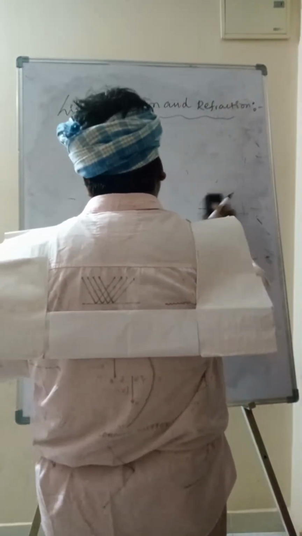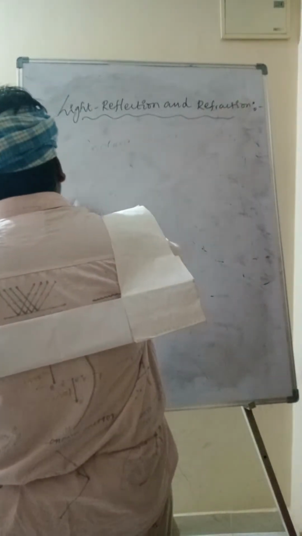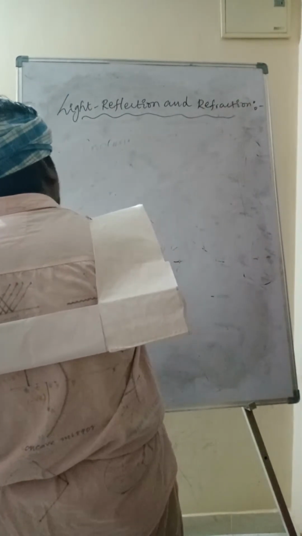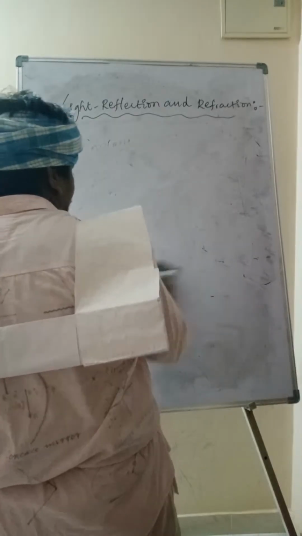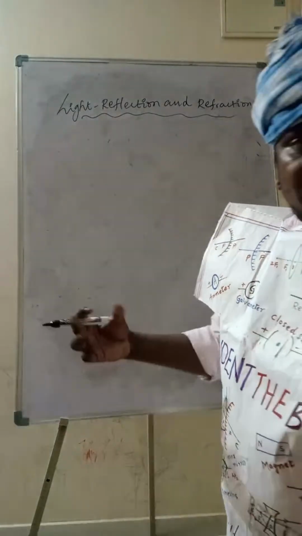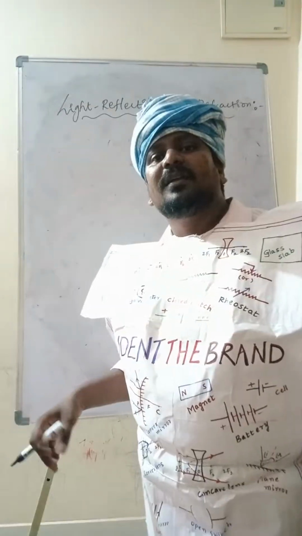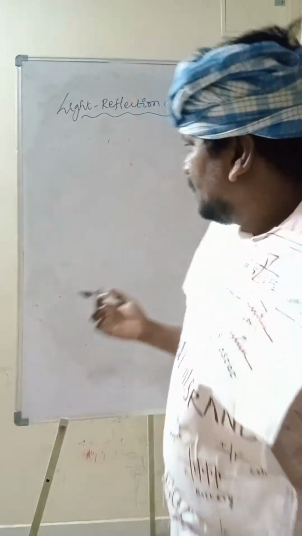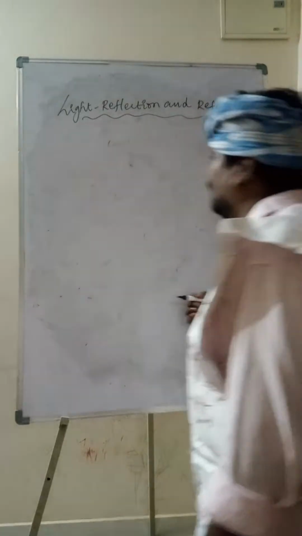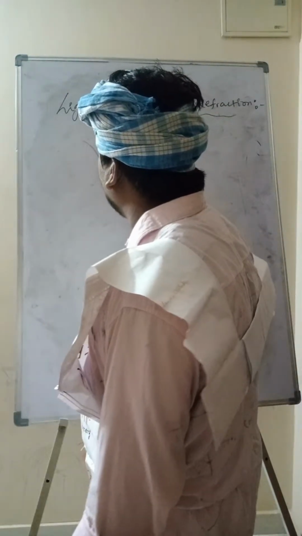Concave mirror, converging mirror; convex mirror, diverging mirror. Okay, so now we'll see ray rules and image formations.